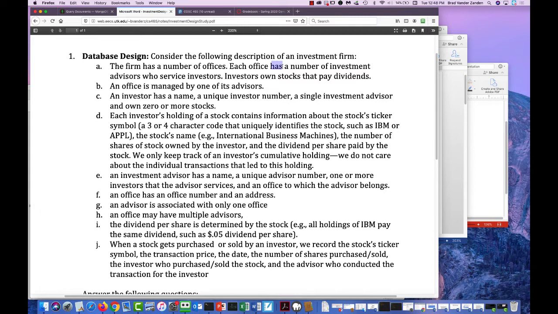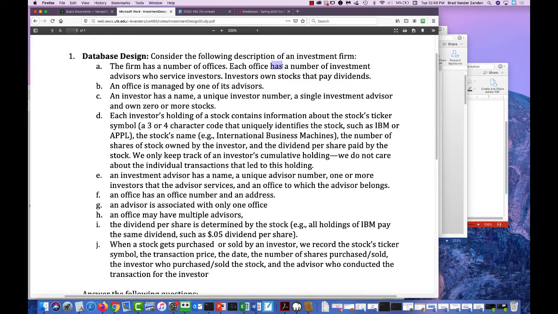Okay? Why a relationship? Anytime I have a verb that connects two entities in a sentence, most likely we have a relationship. That's important.